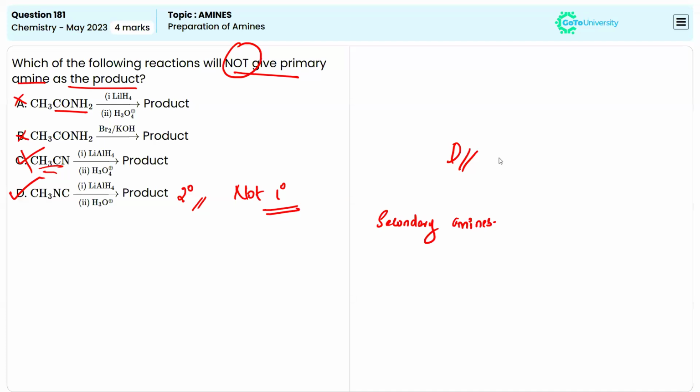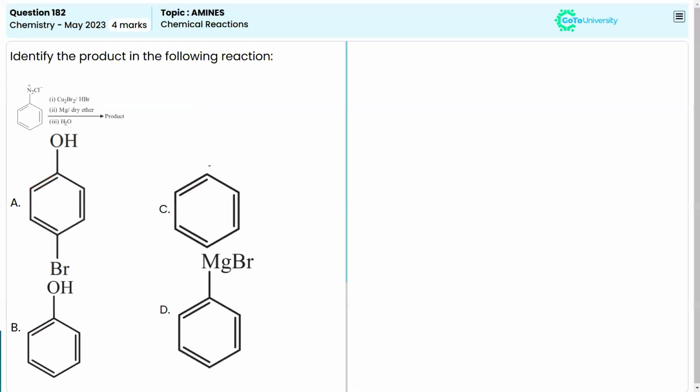Okay, now the next question. We have to find out the product of the given reaction. So the reaction is we have benzene diazonium chloride here. The reactants are also given. We have to find out which is the final product of the reaction.